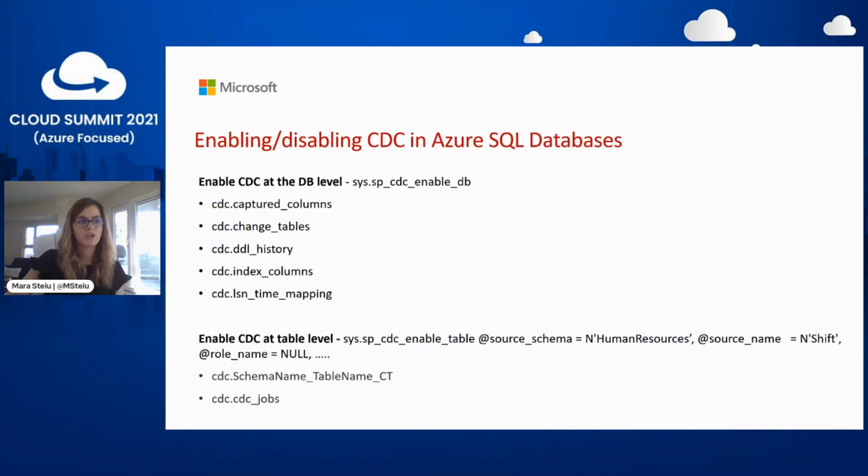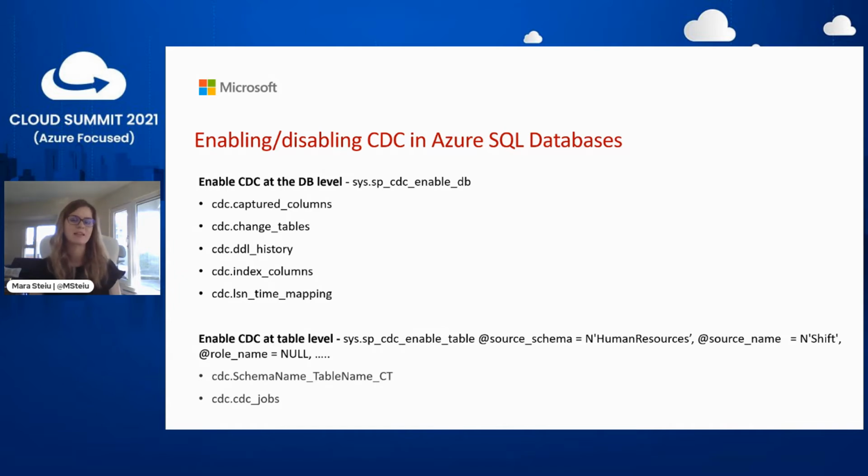Okay, great. So if you want to actually enable CDC on your Azure SQL databases, as I was mentioning, you first start at the database level. And once you enable this at the database level, you have 5 artifacts, which are these 5 system tables that get created on your same database.